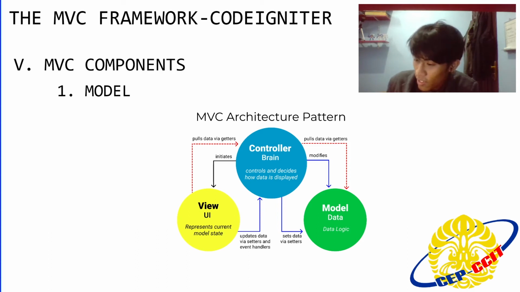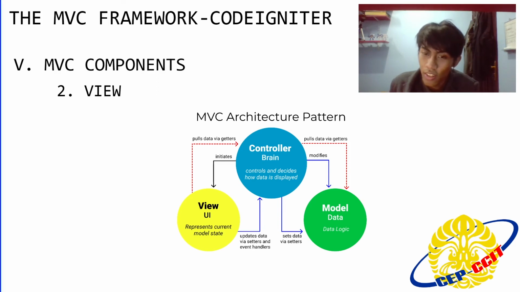Second is the view. The view is the front end part of the MVC, also known as the UI. The view is the information that is presented to a user.